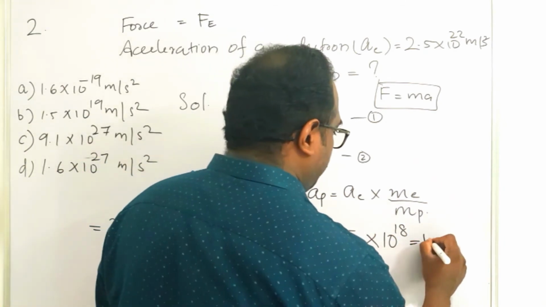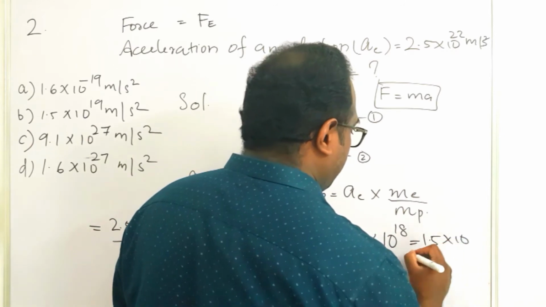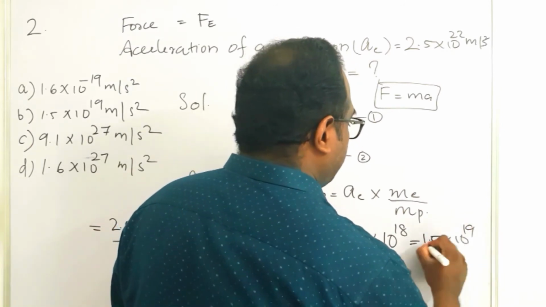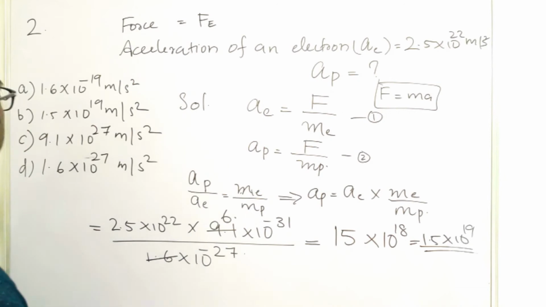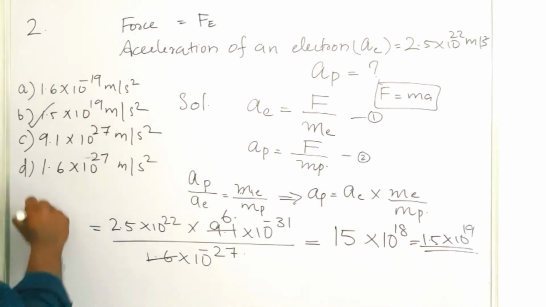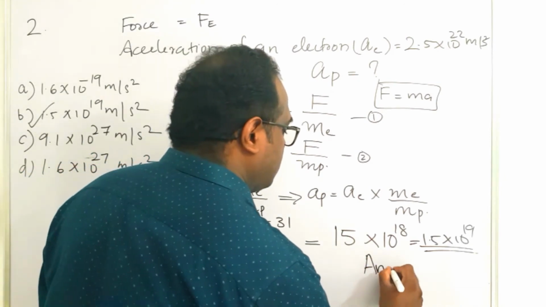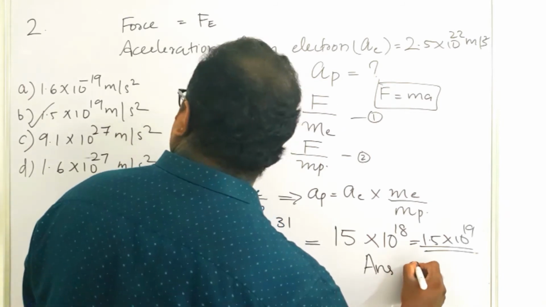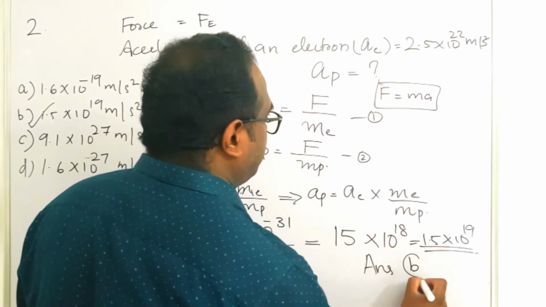So that will be equal to 1.5 into 10 to the power 19, correct? So the answer will be this. Option B is the correct answer.